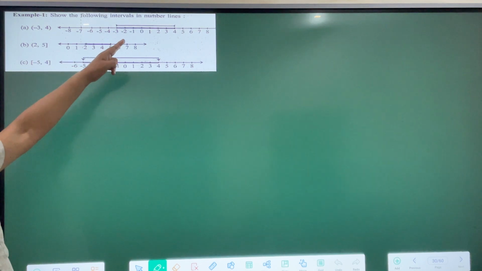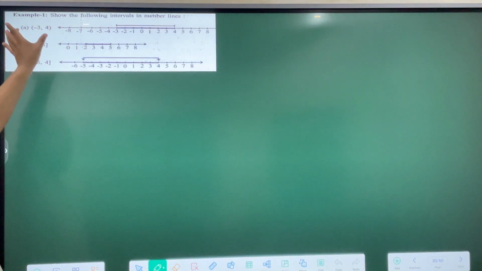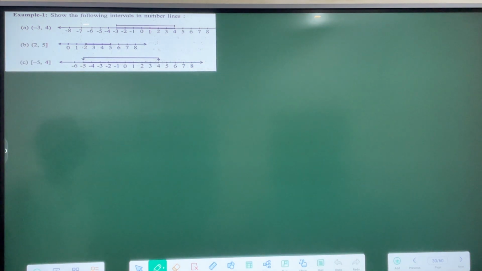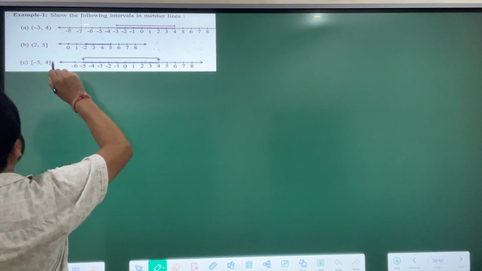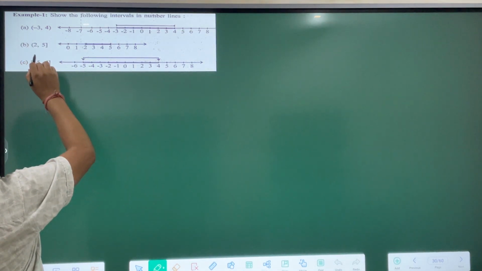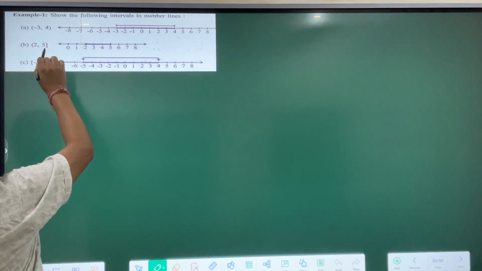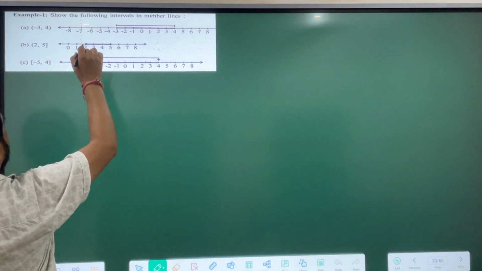Show the following intervals on number lines: (-3, 4), open interval. So arrow marks will be there. Then (2, 5]. 2 is left open, 5 is closed. So 5 will be included, but 2 will not be included.